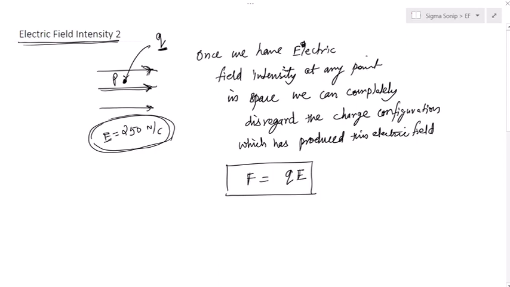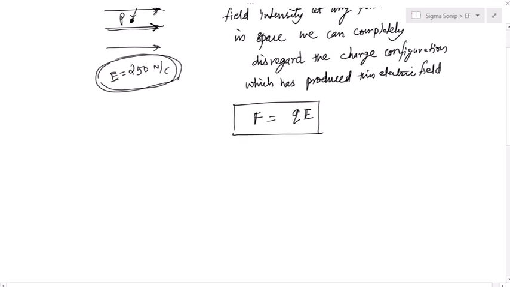And we just need to keep in mind that for a positive charge, the direction of force will be the same as the direction of electric field. Let me write. For positive Q, F, let me write as a vector, F and E will have the same direction.